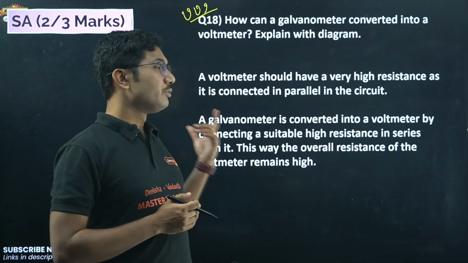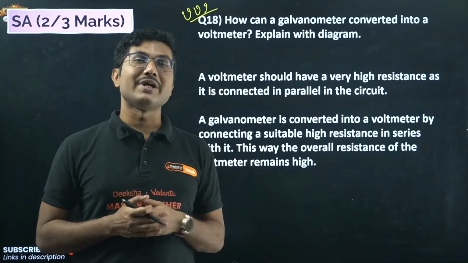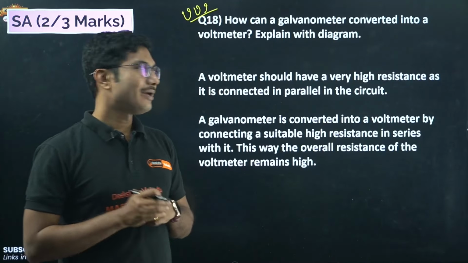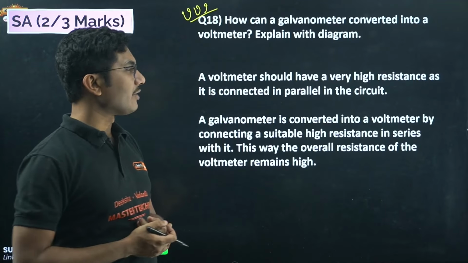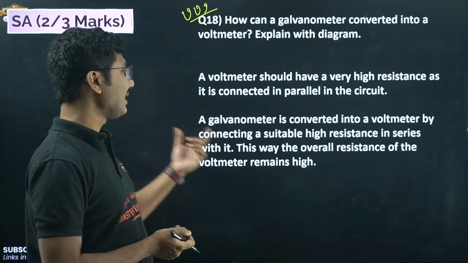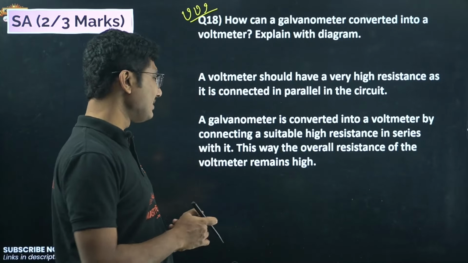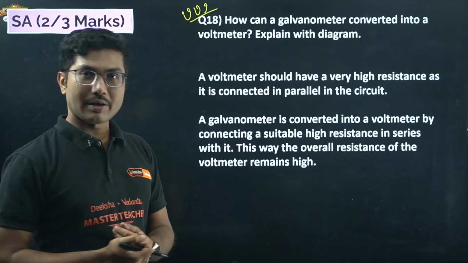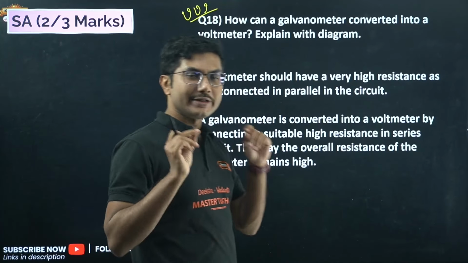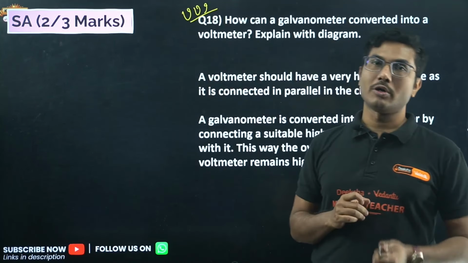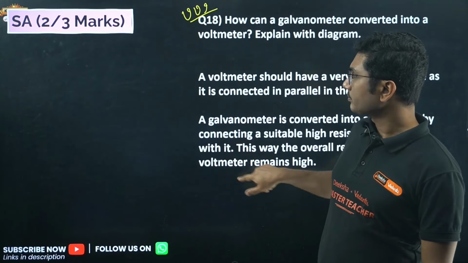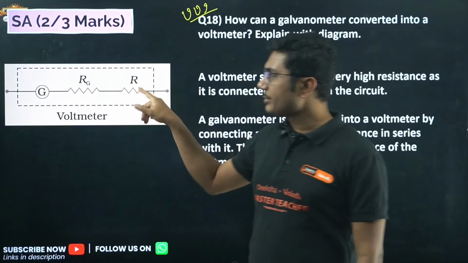To do that, it has to have a very high resistance. A galvanometer is converted into a voltmeter by connecting a suitable high resistance in series with it. This way, the overall resistance will be very high, and a very small amount of current will be drawn by the galvanometer. And the diagram is given by this.